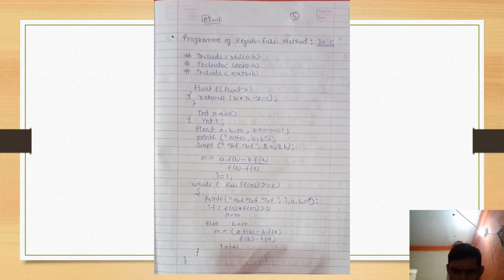If f of a into f of m is greater than 0, a equal to m, else b equal to m, and i equal to i plus 1. After that is bracket close, and finally bracket close. That is the program in C++.